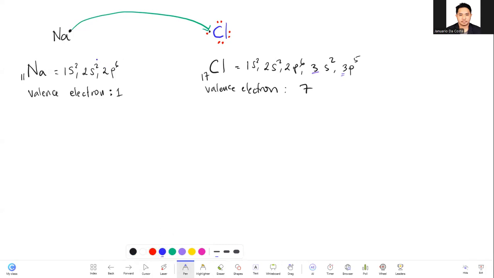Yes, balanced, because the outer shell now is the second shell already. Because of that, we are making sodium chloride, or table salt. Do you understand this? Questions?